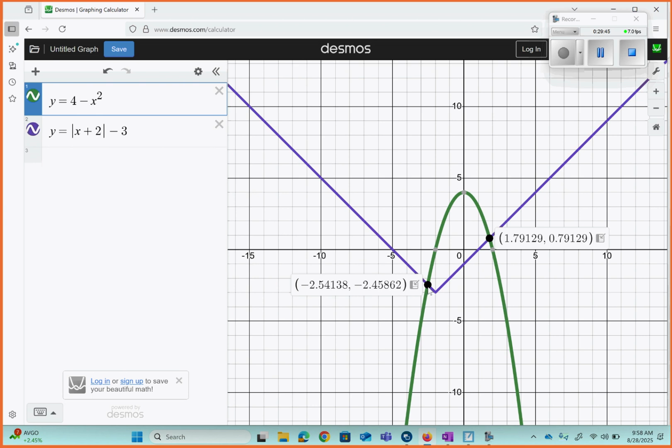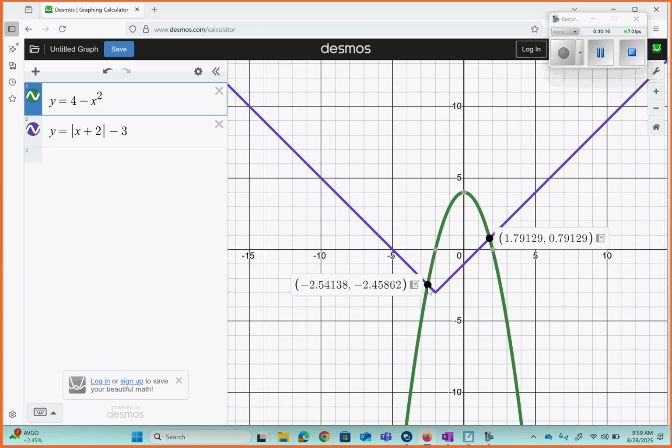So the negative 2.5 and the 1.8 rounded to 1 decimal would be our answer. So we're only looking at the x values because the original problem didn't have y equals. What we did is we utilized Desmos to try and take care of it for us. If you try typing that into Desmos, I don't know if it's going to work for you very well, other than taking the left side, make it y equals the left side, y equals the right side, and it goes from there. All right.